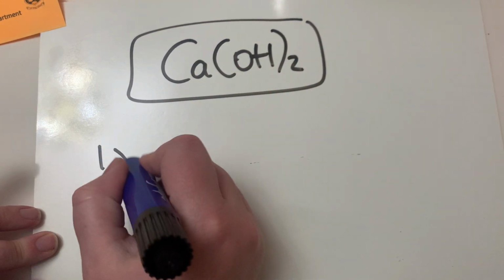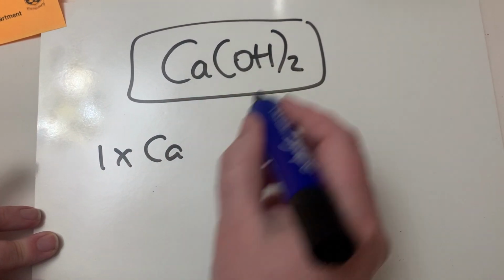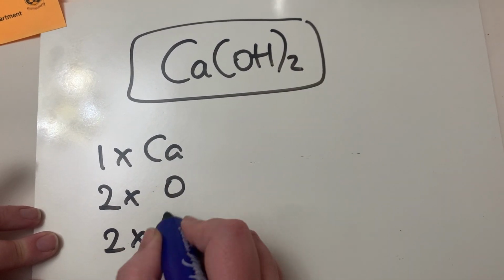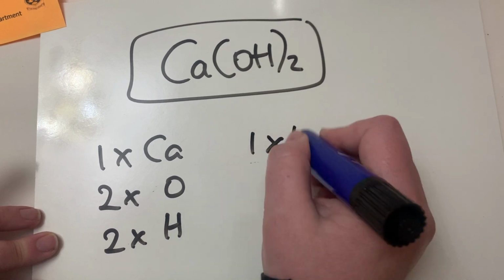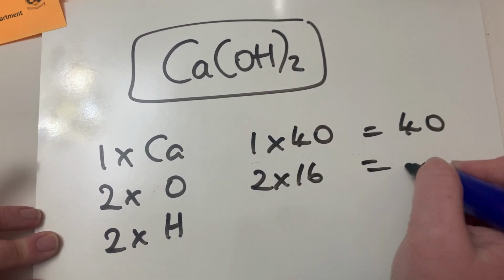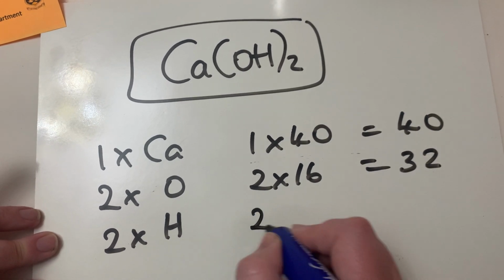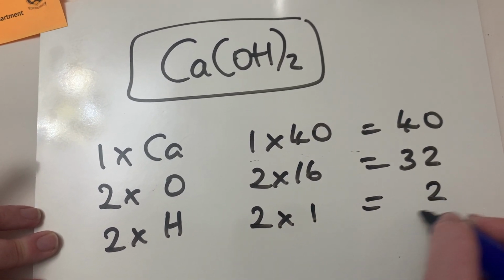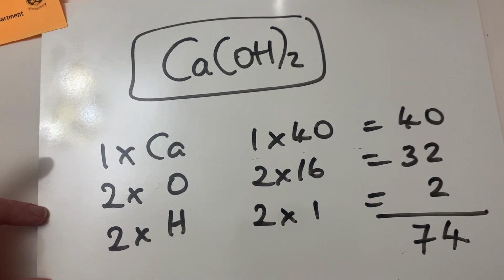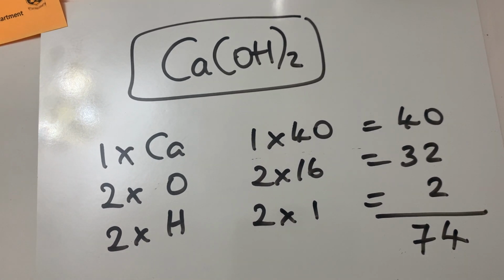So in this case, we've got 1 times calcium, then the bracket comes in and we've got 2 times oxygen and 2 times hydrogen. So that's 1 times 40, which is 40, 2 times 16, which is 32, and 2 times 1, which is 2, which gives me a total of 74 for the RFM of calcium hydroxide.